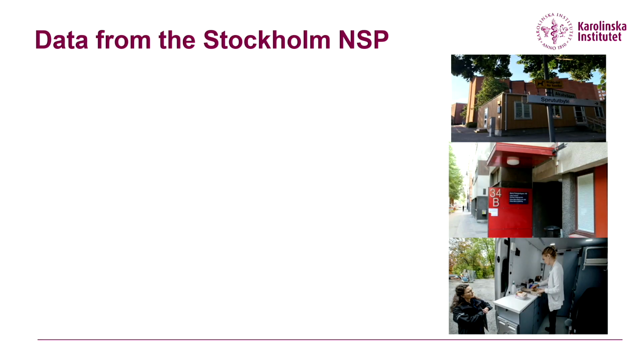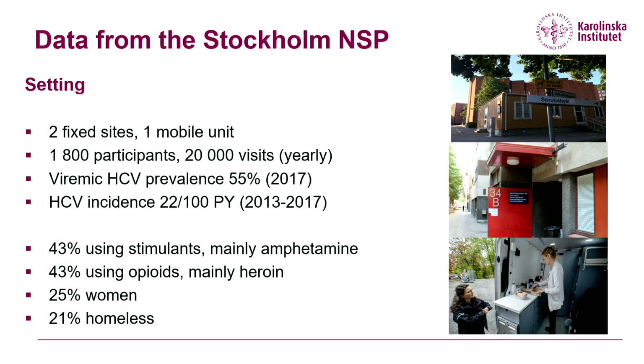So I'm going to show you some data from the Stockholm needle syringe program. And just so you get an idea of the setting, we have 2 fixed sites, 1 mobile unit. We see approximately 1,800 unique individuals every year. That makes approximately 20,000 visits.